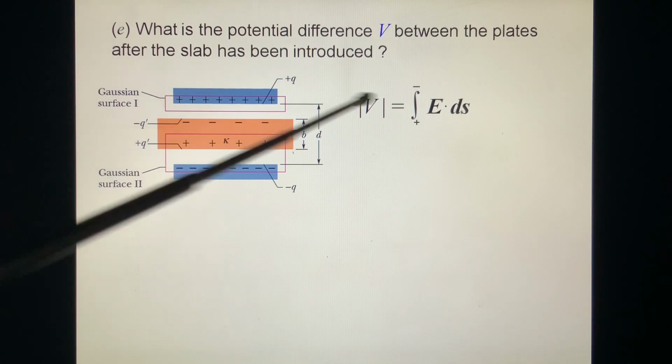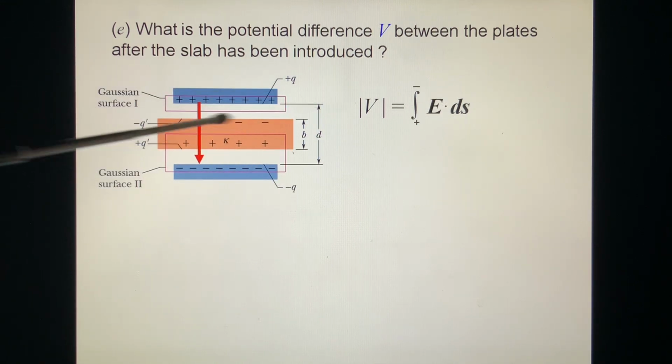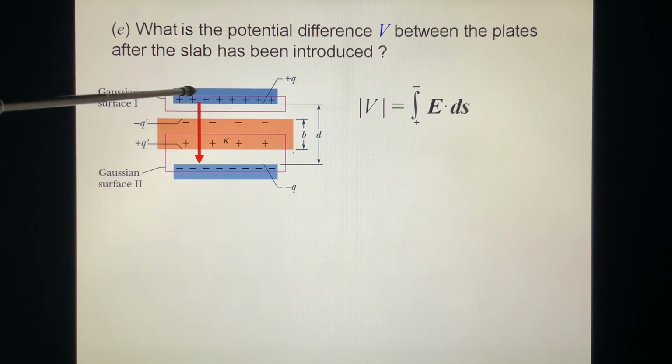We have E0, E1, E0, so this integration becomes three sections, along a path perpendicular to the plate from the positive plate to the negative plate.